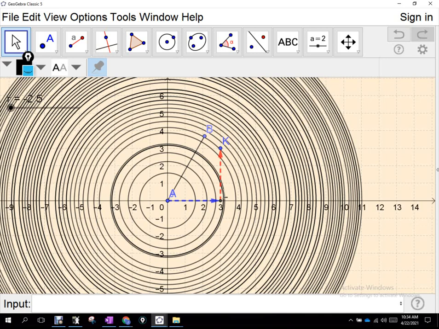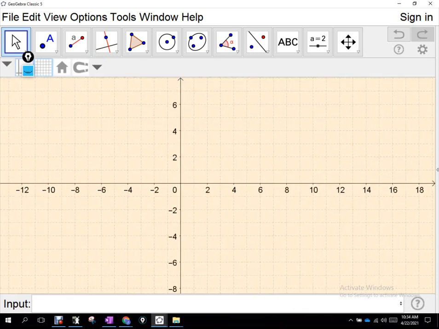Those circles are what we're going to look at. Then we're going to look at rays that are passing through pi over 6, pi over 4, pi over 3, pi over 2, and when we put those things together, what we end up with is this image.